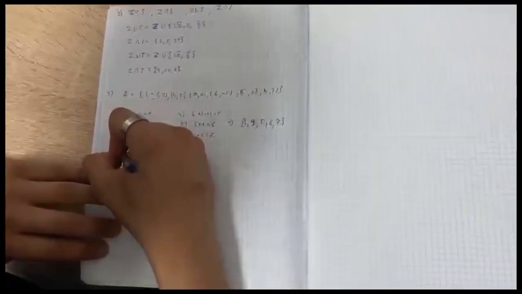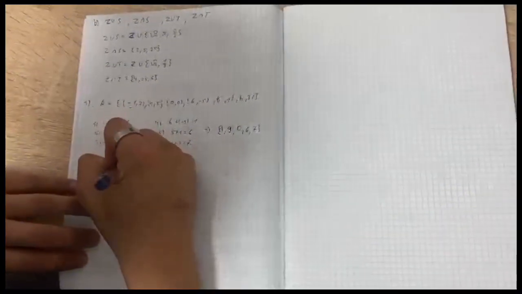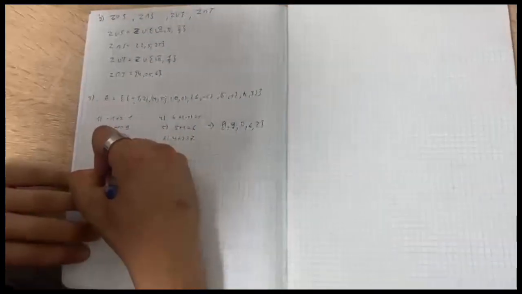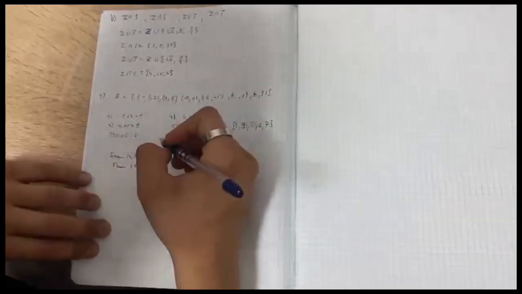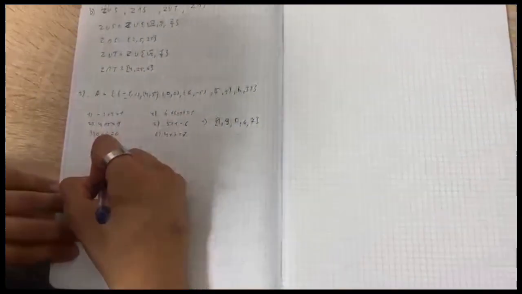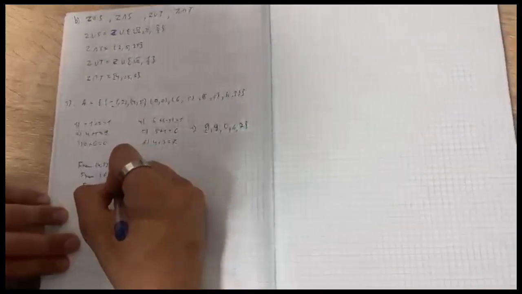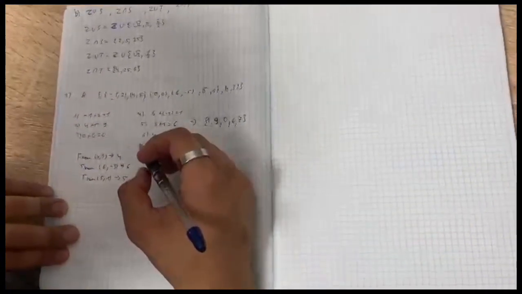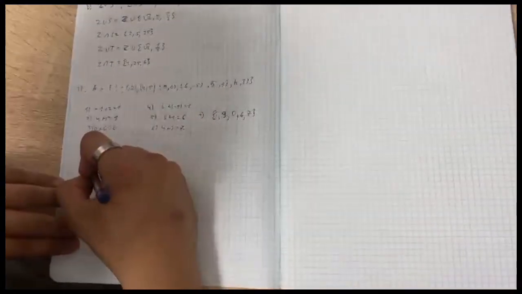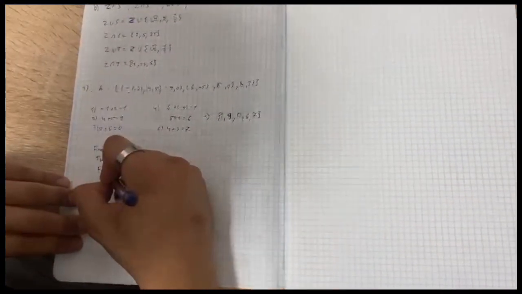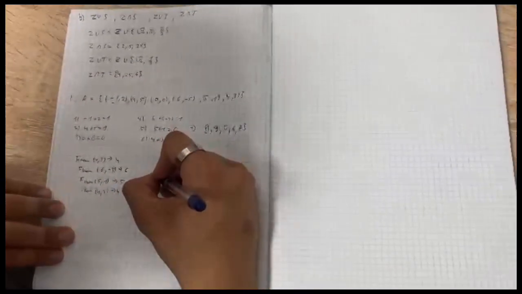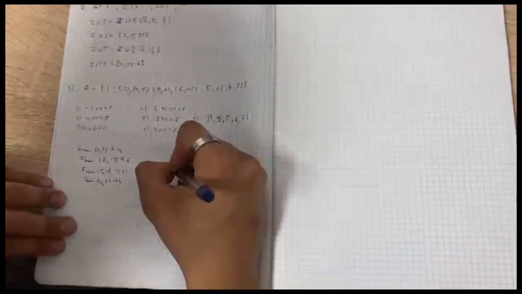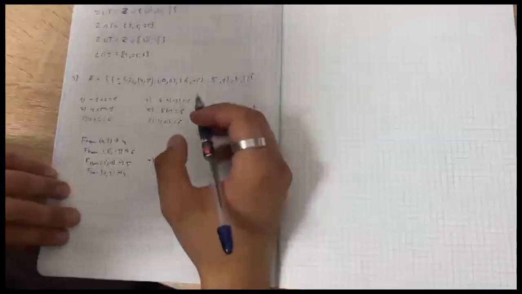So from 4 and 5 it's 4, from 6 and minus 5 it's 6, and from 5 and 1 it's 5, and from 4 and 3 it's 4. So the result, as I said, is 4, 6, and 5. It's our set.